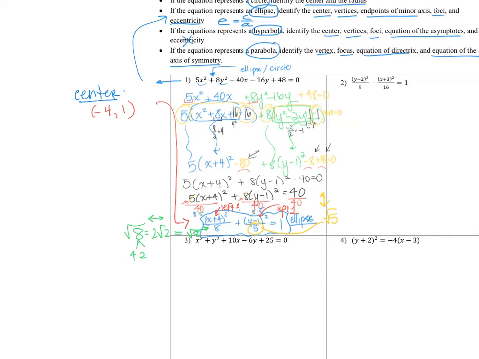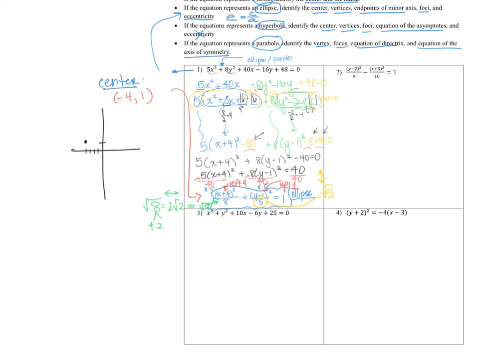So let's kind of graph this thing so we can see better what's happening. Negative 4, up 1 has our center right there, and we're going to go left and right 2 square roots of 2 or square root of 8. Well, square root of 8 is a little less than square root of 9, so it's left and right a little less than 3.